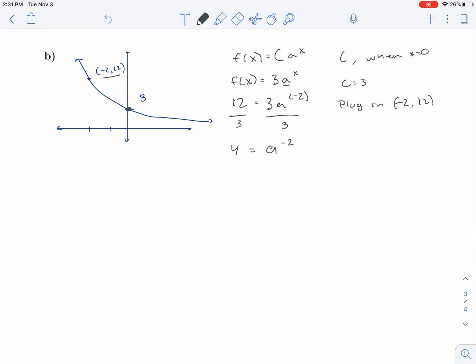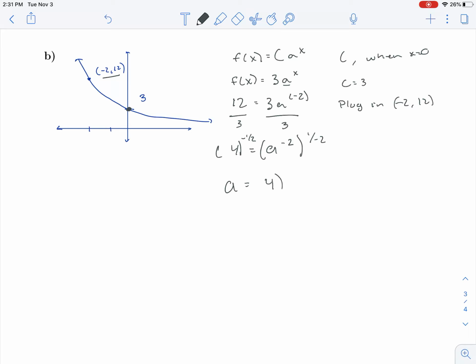So we want to do reverse PEMDAS. I want to get rid of things that are added and subtracted. Don't have any of those, so I'm done with that. Then I want to get rid of things that are multiplied and divided. So I divide by 3. 12 over 3 is just 4. Now I want to get rid of our exponent, negative 2. I want to multiply by the reciprocal of that, which is negative 1/2.